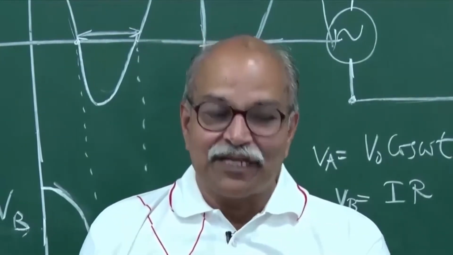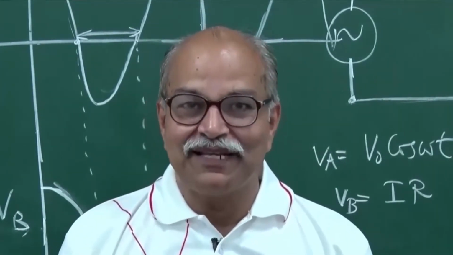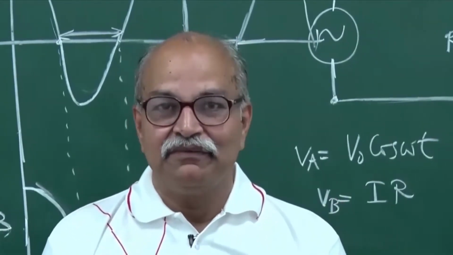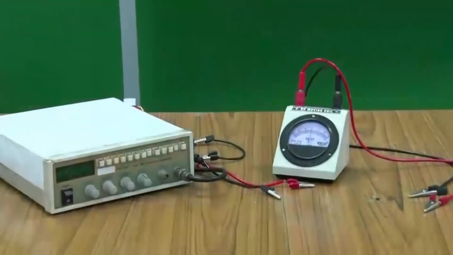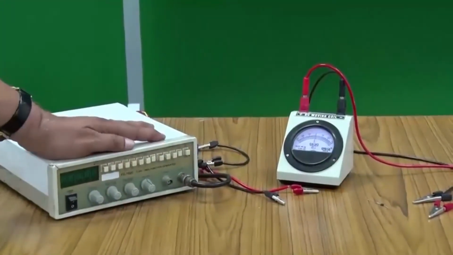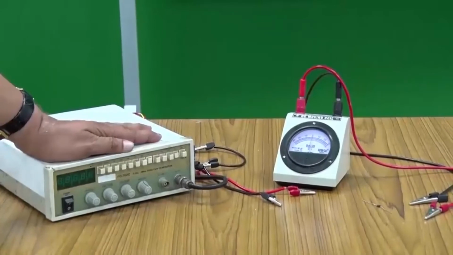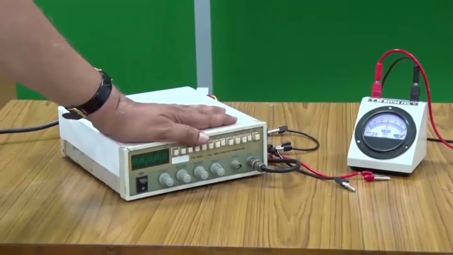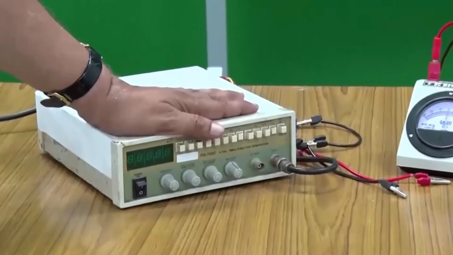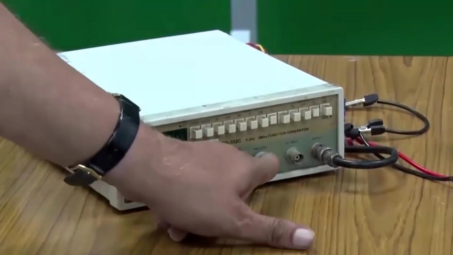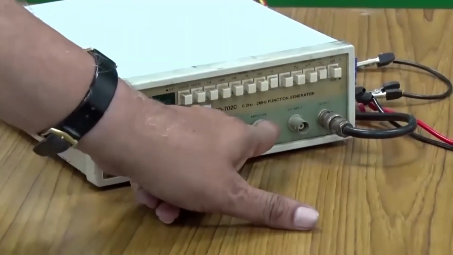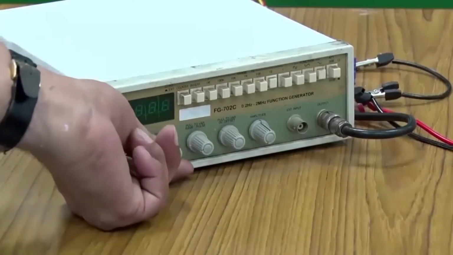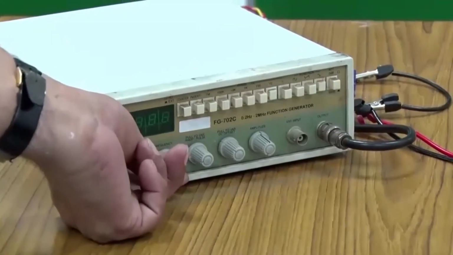So let me do some experiment here to give you some kind of a feel of this phenomena, and then we'll proceed further. So now I have a unit here which is giving me AC voltage, of which I can control the peak voltage by rotating this knob, and from here I can also control the frequency of that AC voltage.